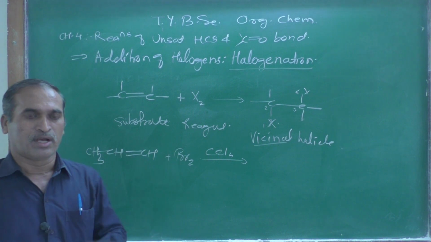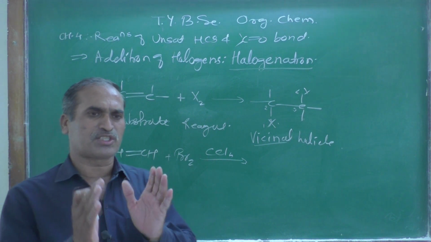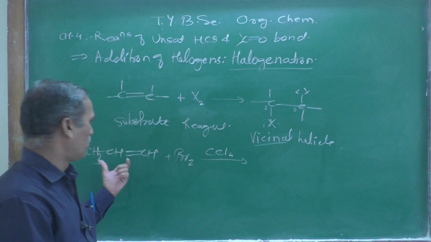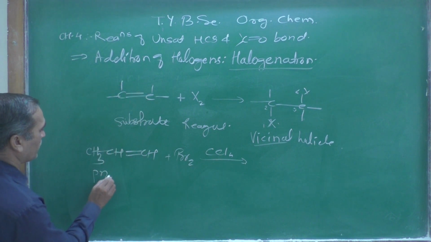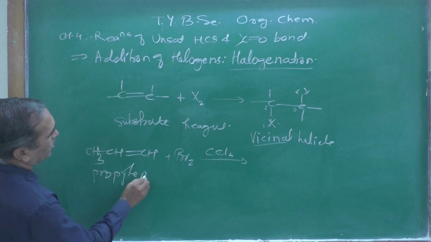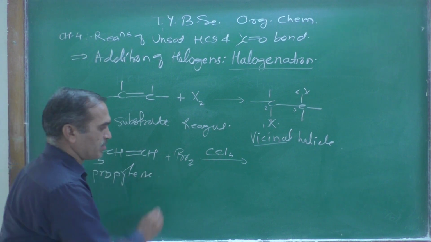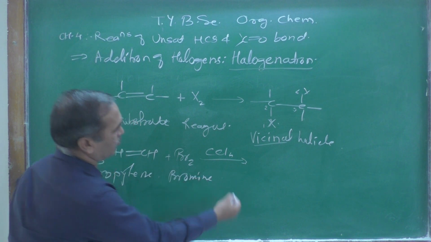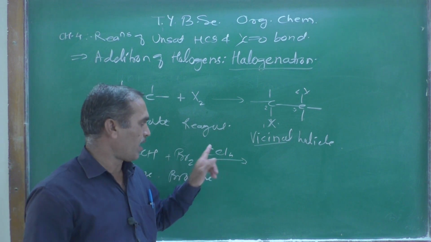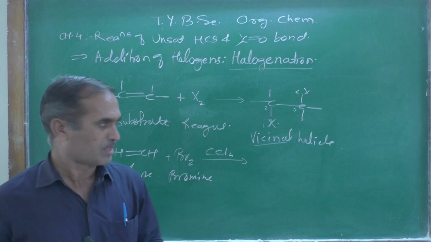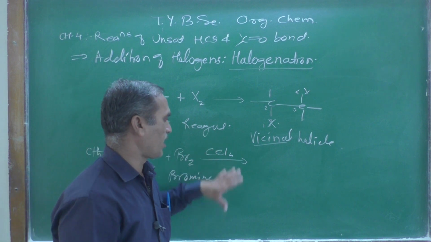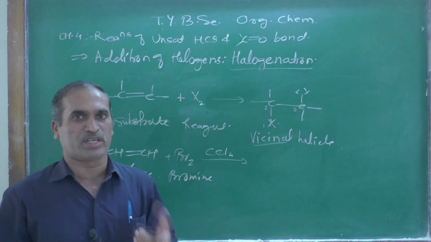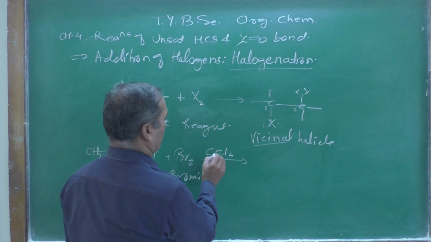The reaction occurs simply by mixing these two. One is propylene, or we can call it propene, and this is bromine. Br2 means a bromine molecule, which is brown in color, and this CCl4 is known as carbon tetrachloride.